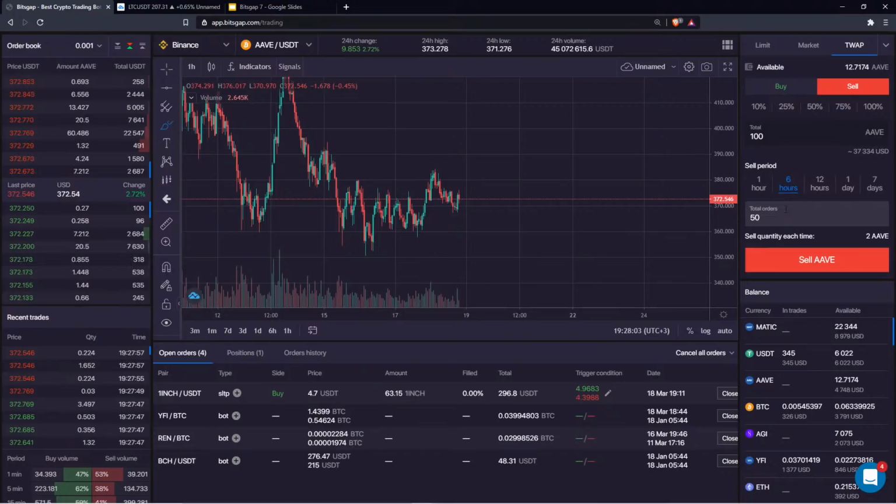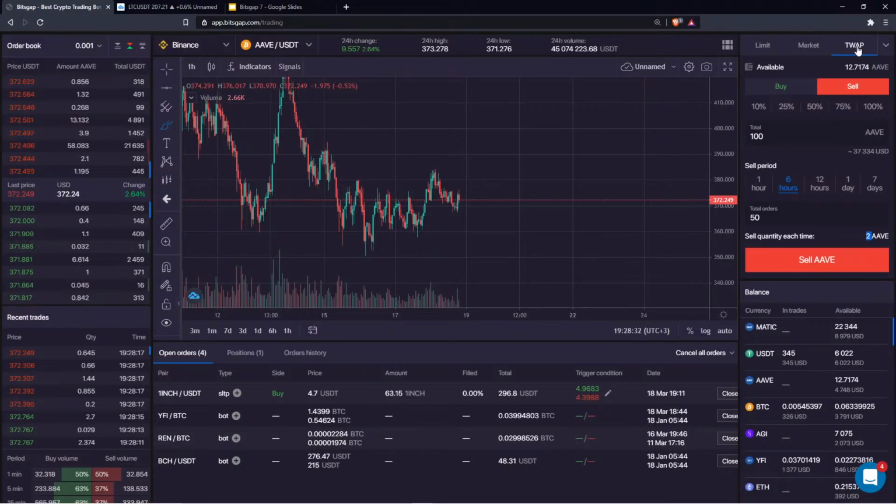It will automatically sell 100 Aaves with 50 orders, each one is 2 Aaves, within the period of the next 6 hours. Okay, fully automatically, and this is what you should stick with if you don't want to create noise around your trade, if you are trading a highly illiquid coin. So that's what Twap is all about.